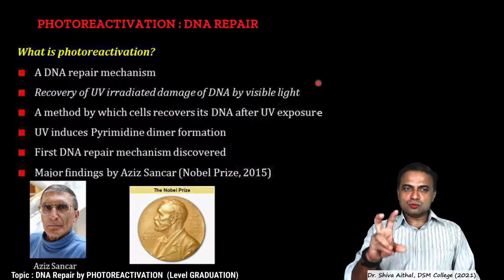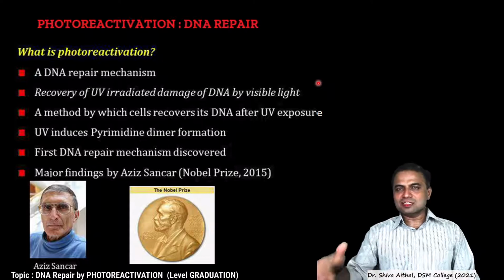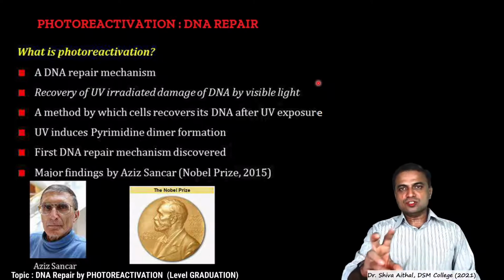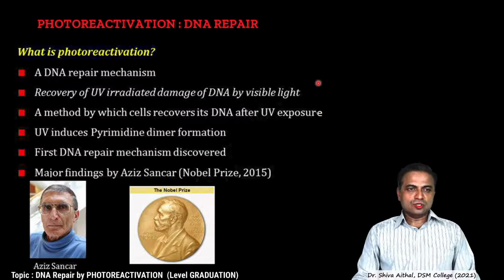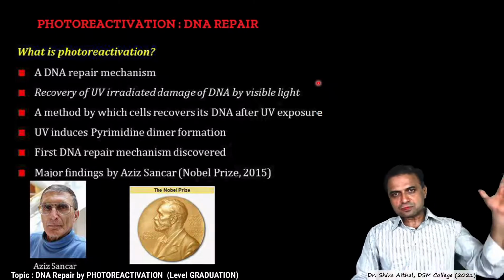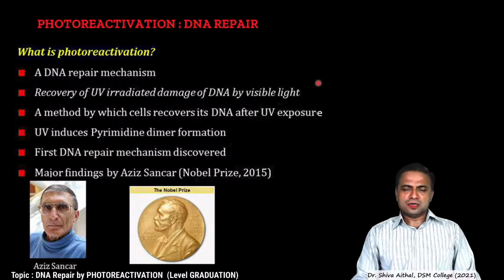So UV induces pyrimidine dimers to form, and visible light induces an enzyme called photolyase, which removes the dimers. This is the first DNA repair mechanism which was discovered, and for the final findings, tens and hundreds of scientists were involved in the discovery.